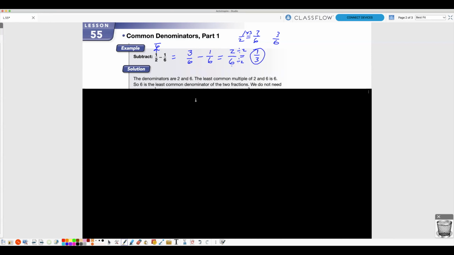Okay, so the denominators 2 and 6 just have to be renamed. You could have renamed it like this as well. I hope not to confuse you, but if I have 1/2 minus 1/6, I could rename this as, for example, if I didn't recognize that 2 could be easily converted into 6 by multiplying by 3.